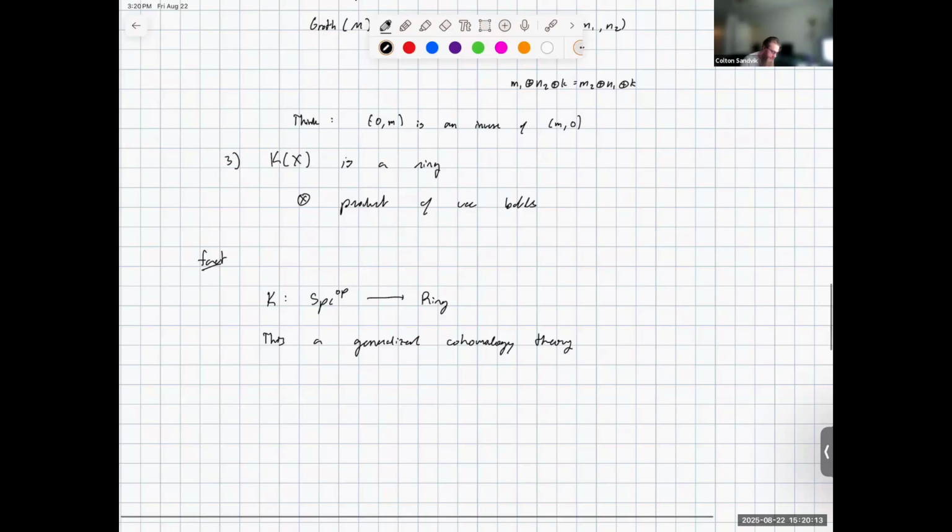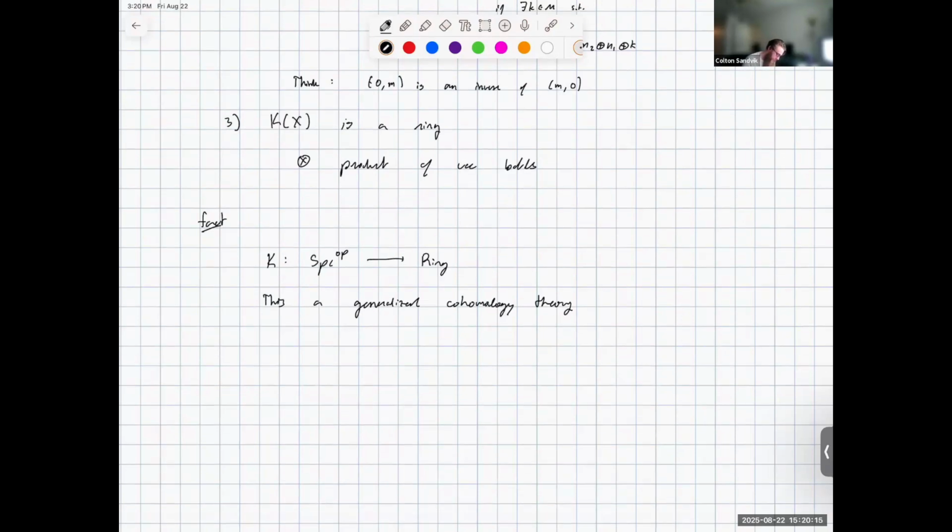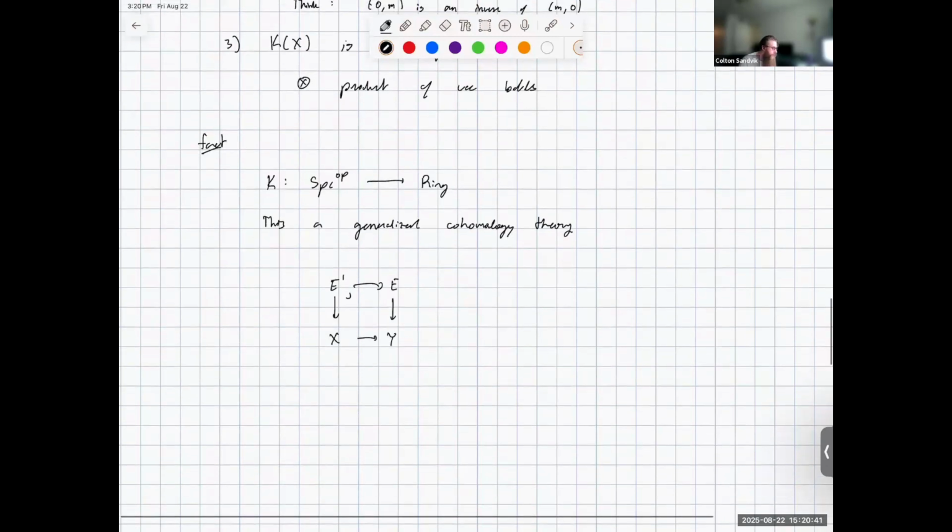I didn't specify what actually makes it functorial, but this is just pullback of vector bundles. So if you have X, Y, E, then you can look at the pullback, and this gives it functoriality.